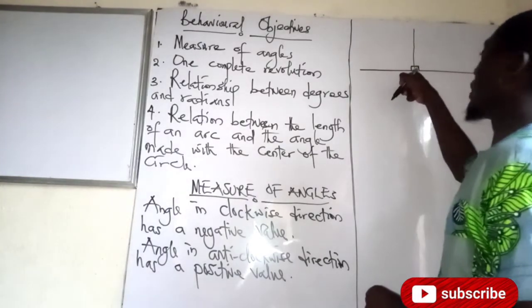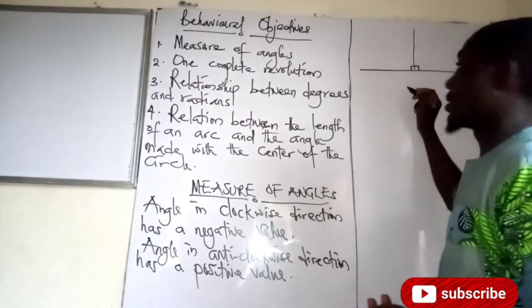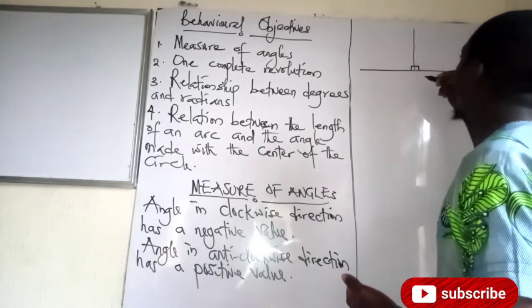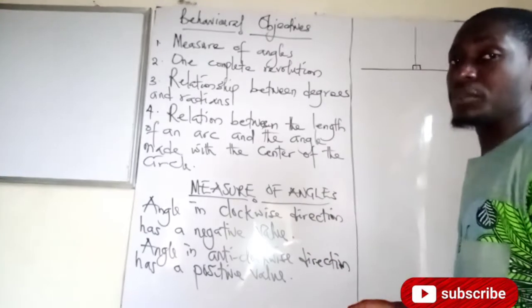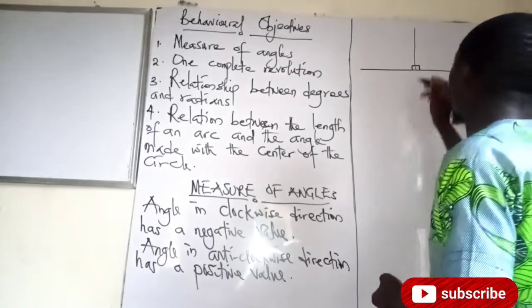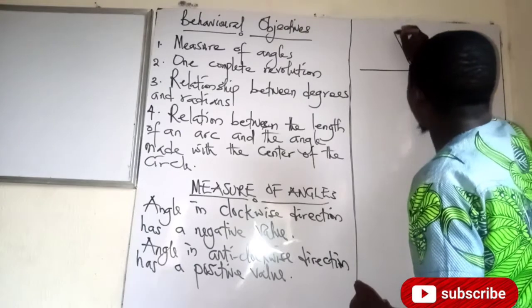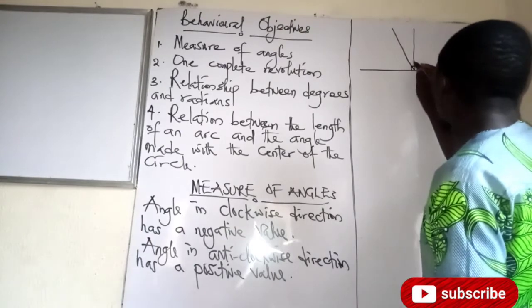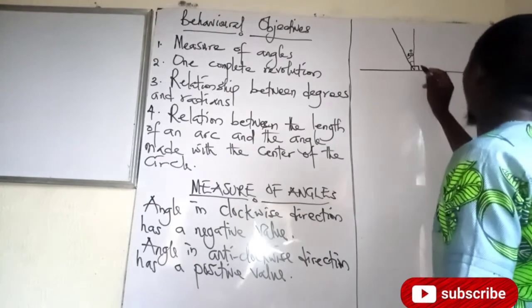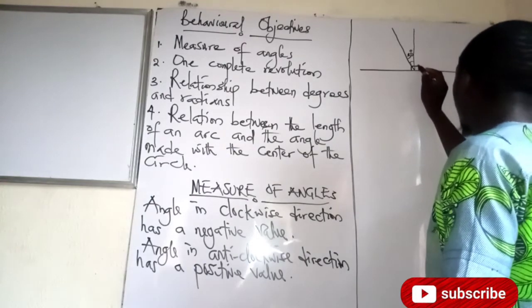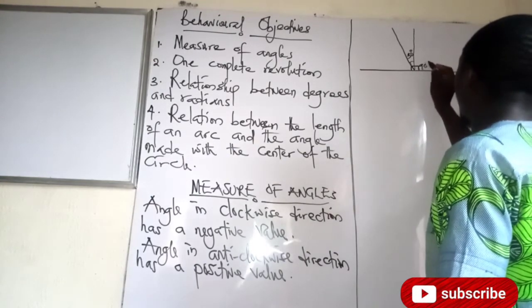And of course, 90 degrees plus 90 degrees is 180 degrees. So if I want to bring out obtuse angle, which is angle greater than 90 degrees but less than 180 degrees, I'll have something like this. Let's say this is 30 degrees, for instance. It's not drawn to scale. And this is 90 degrees.